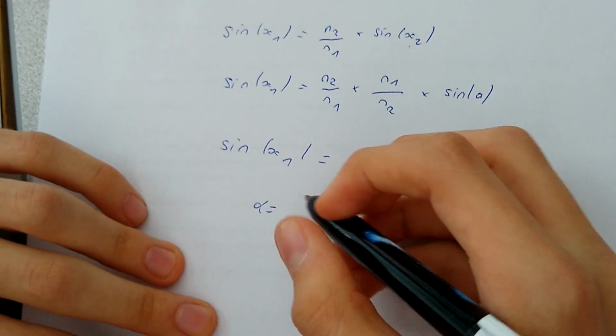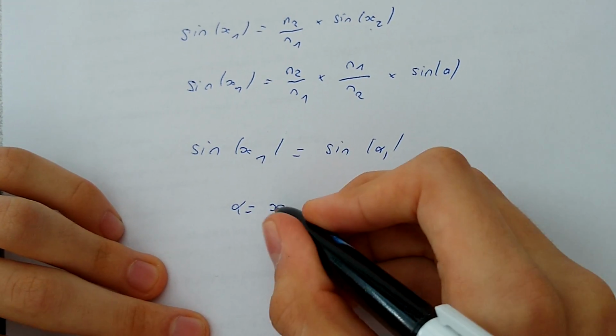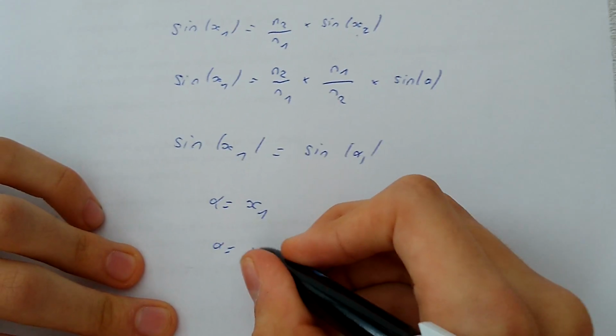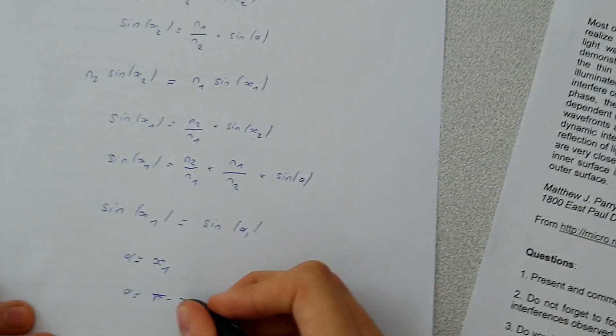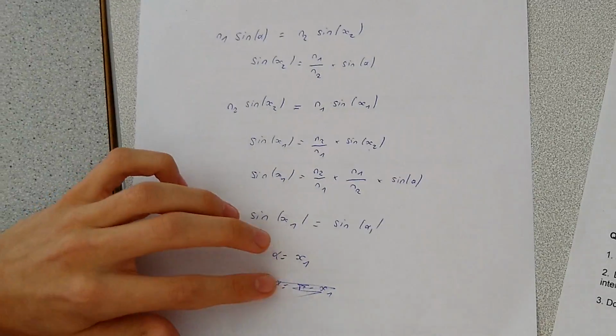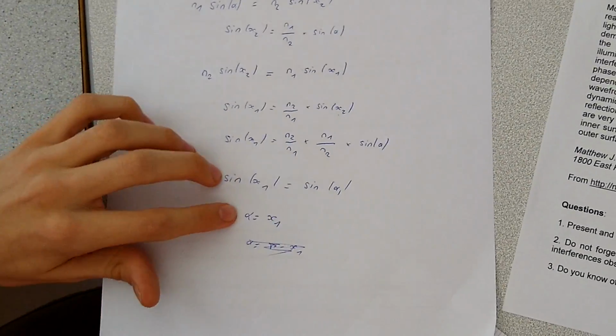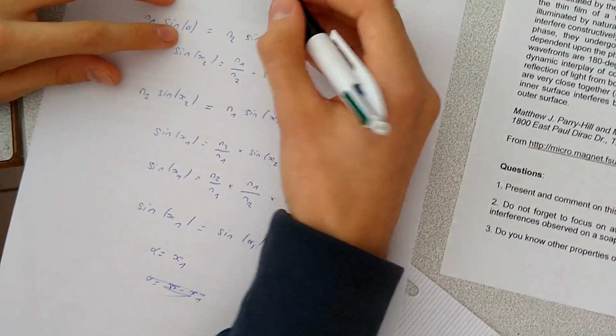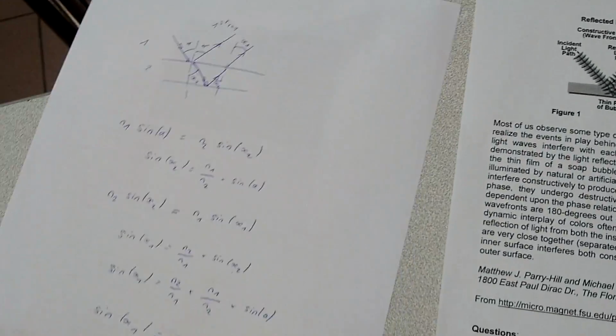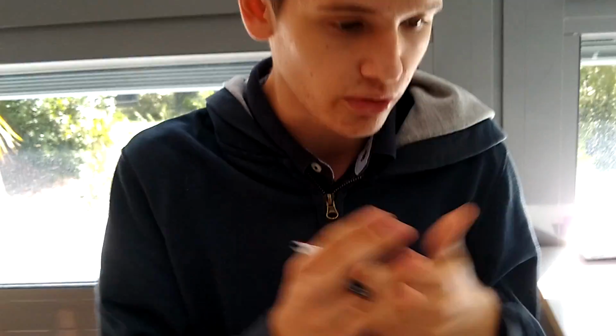So we have alpha equal to x1, or alpha equal to pi minus x1, but that's not very interesting. So now we have proved that these rays are parallel. So the interferences, the moment when the light rays cross each other, will happen in the eye.